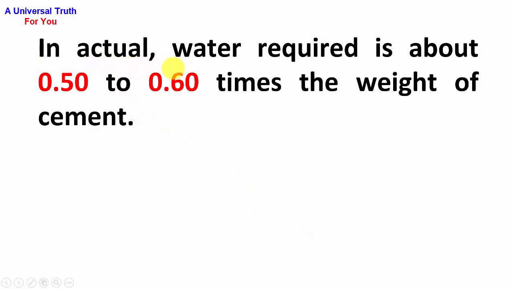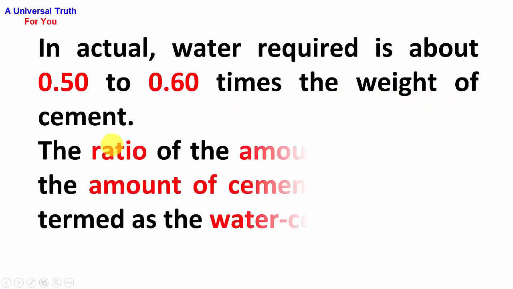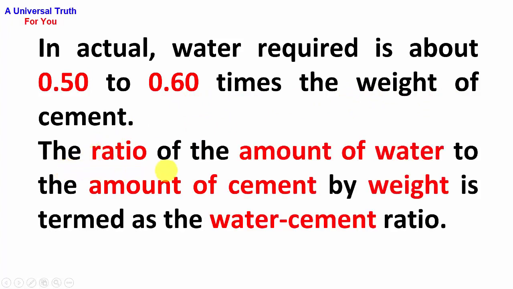In actual, water required is about 0.50 to 0.60 times the weight of cement. The ratio of the amount of water to the amount of cement by weight is termed as the water cement ratio.